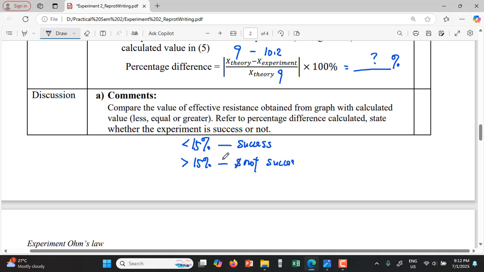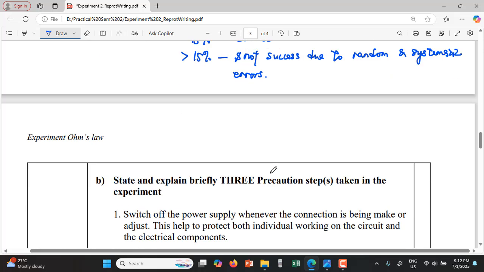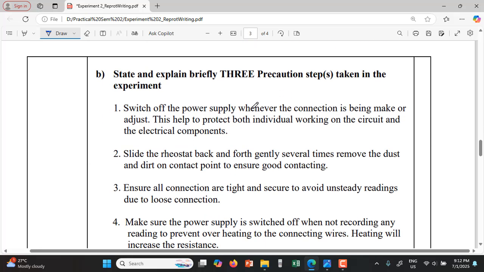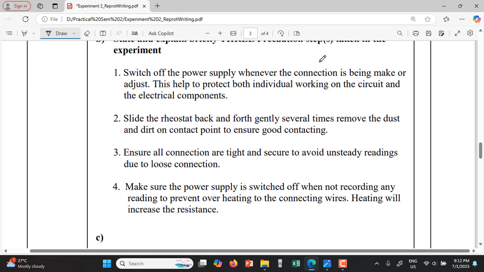So not success di sini might be due to the random error and also systematic error that occurs when we perform the experiment lah. Okay, so lepas tu under discussion anda kena berikan at least 3 precaution step for this experiment.